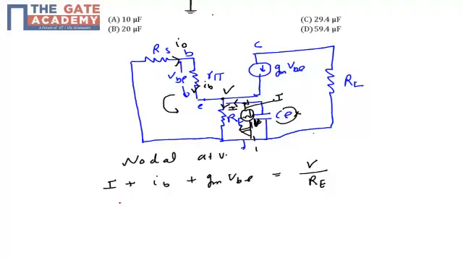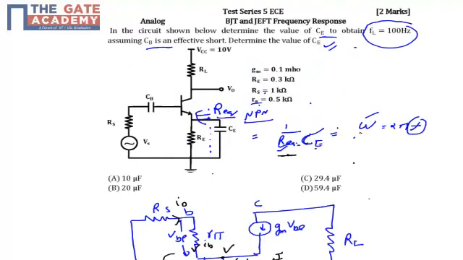So I can represent IB as 0 minus V upon RS plus r pi. Plus gm VBE. We know that gm is related to beta as gm is beta upon r pi.